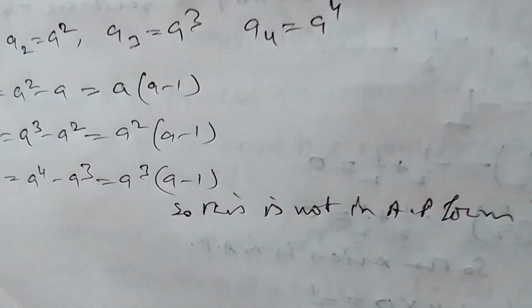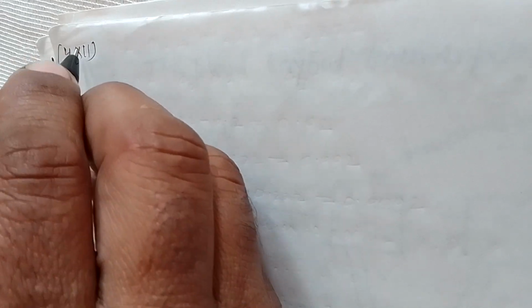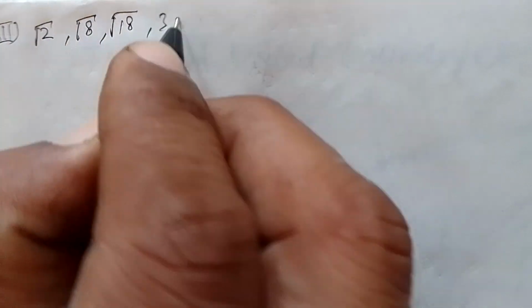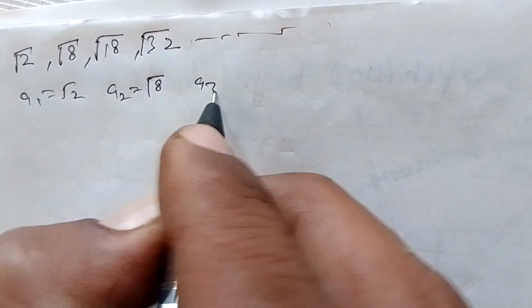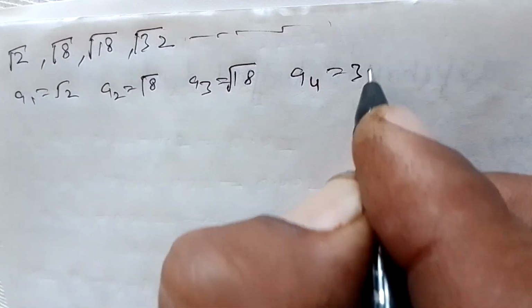So now the 12th part of the fourth question, that is under root 2, under root 8, under root 18, under root 32 and so on. Here A1 is equal to under root 2, A2 is equal to under root 8, A3 is equal to under root 18, A4 is equal to under root 32.